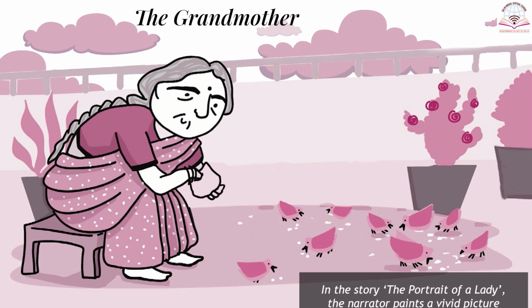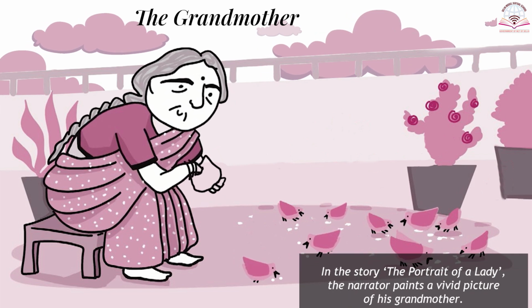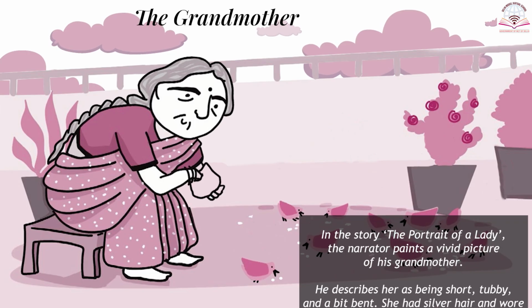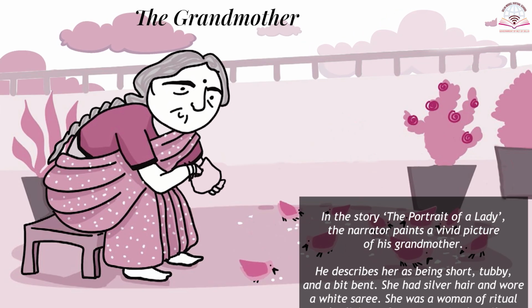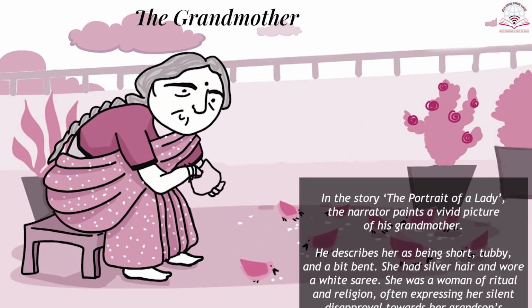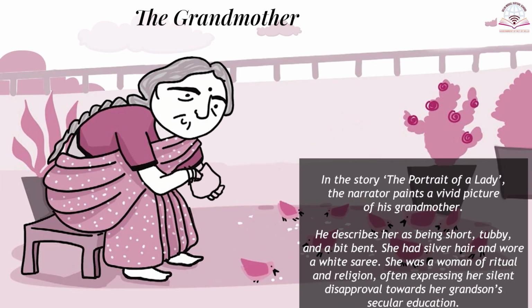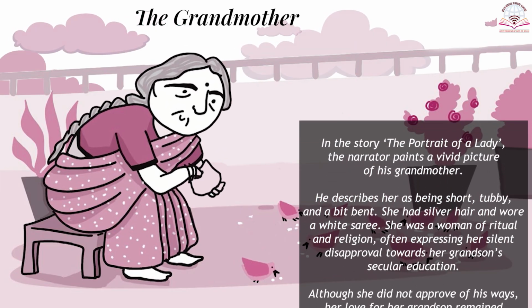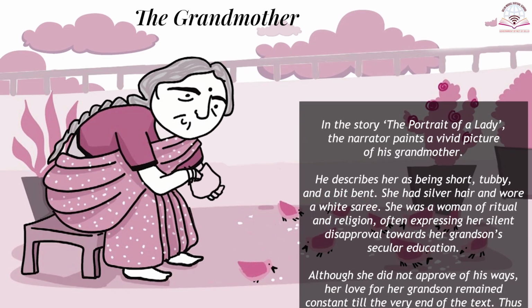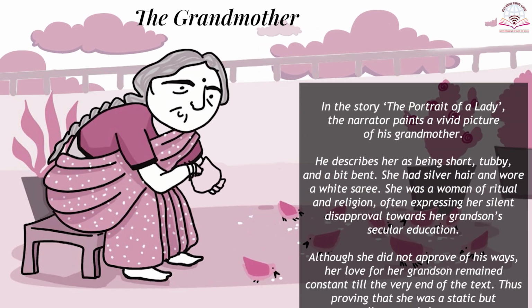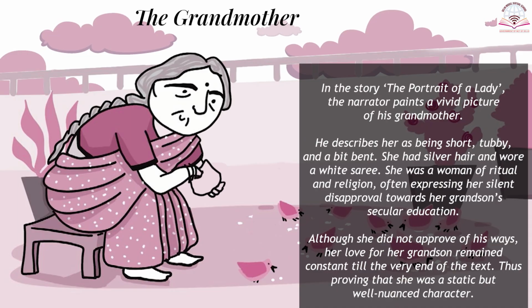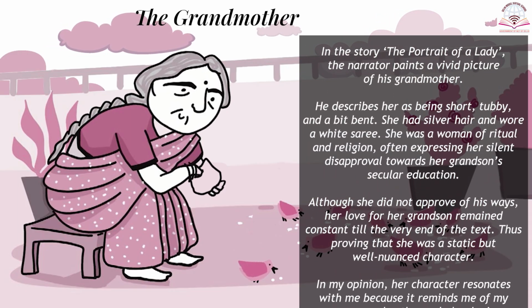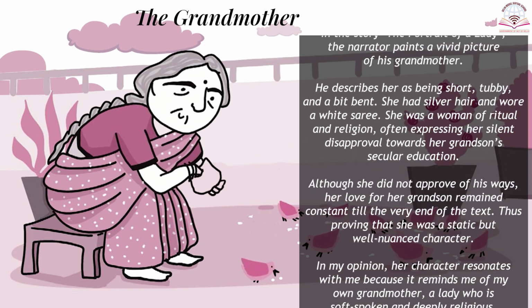In the story, The Portrait of a Lady, the narrator paints a vivid picture of the grandmother. He describes her as being short, tubby, and a bit bent. She had silver hair and wore a white sari. She was a woman of ritual and religion, often expressing her silent disapproval towards her grandson's secular education.